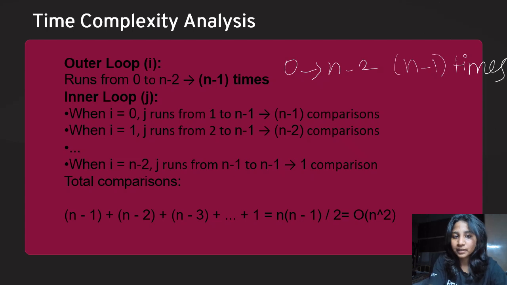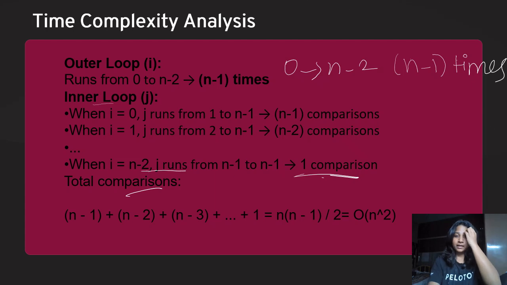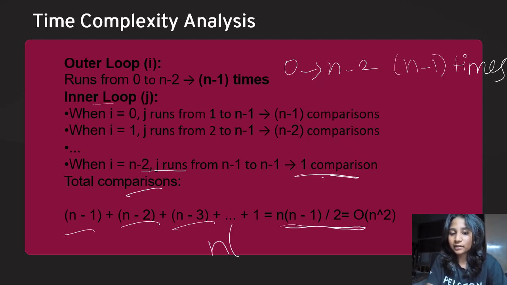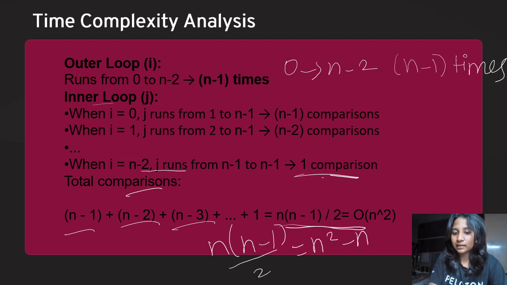And for the inner loop, the total number of comparisons that we would get is n minus 1 plus n minus 2 plus n minus 3, and so on, which basically adds up to n into n minus 1 by 2, which is n squared minus n by 2, or you can write it as n squared by 2 minus n by 2.